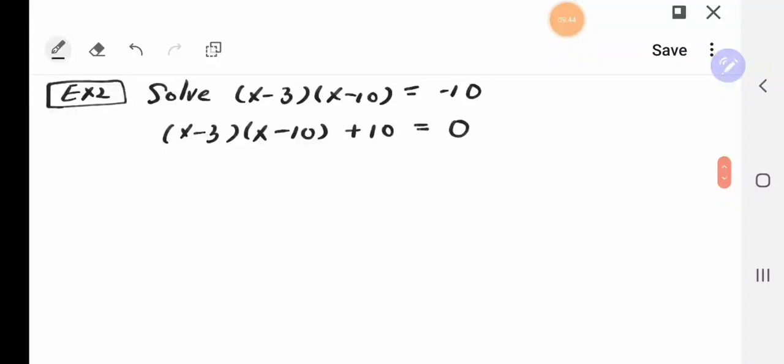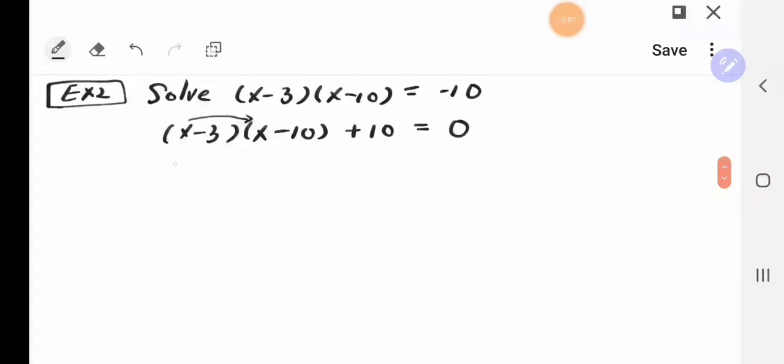So the right side is 0, but the left side is not factored. So in order to factor the left-hand side, we have to distribute first, and then simplify, and then factor it again. So use the FOIL method to distribute this product.